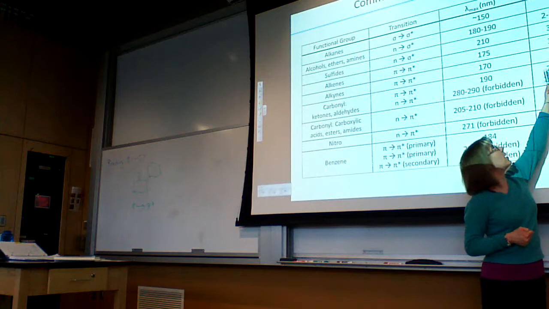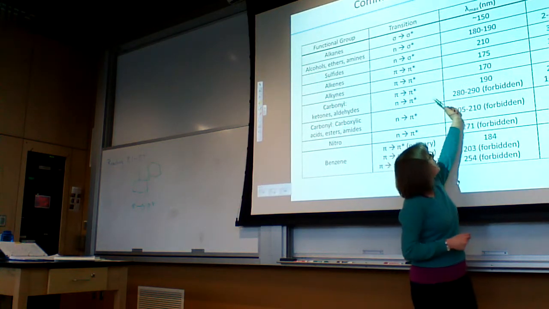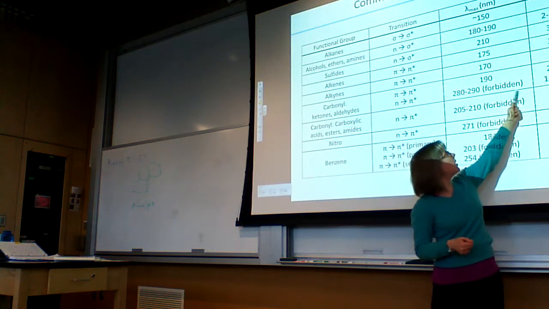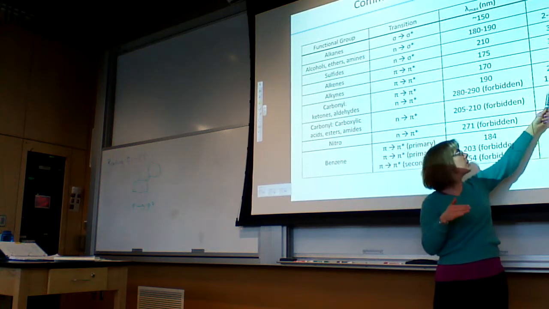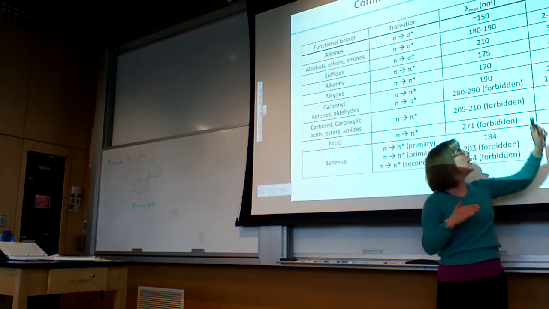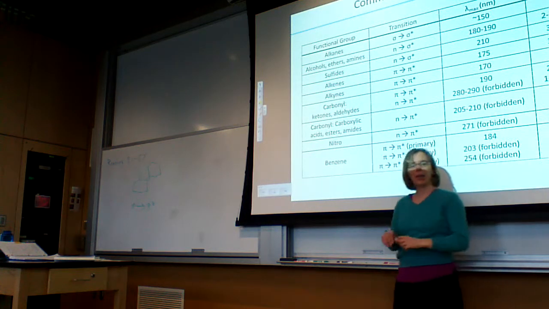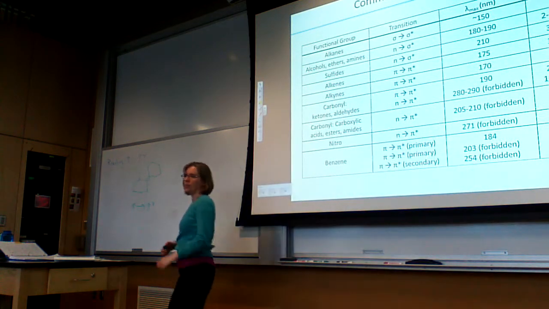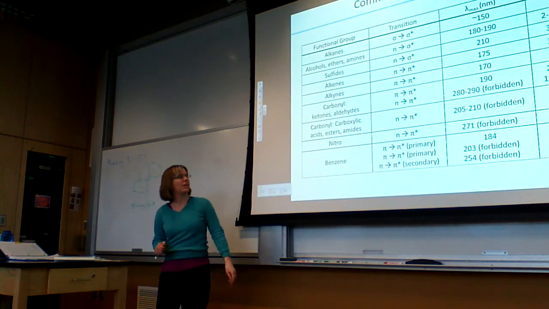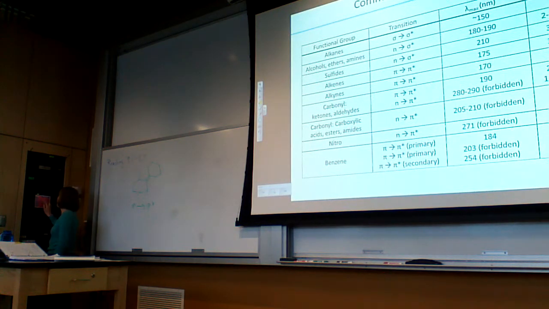And it has a higher epsilon, so a higher intensity. The n to pi star is a forbidden transition, which means that they're relatively weak, so they won't show up as well. And as we get to enones, they start to dominate the spectra, and you can cover up this n to pi star. So we are specifically looking to do the calculation with a pi to pi star.